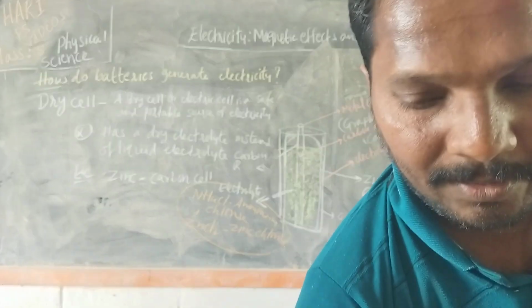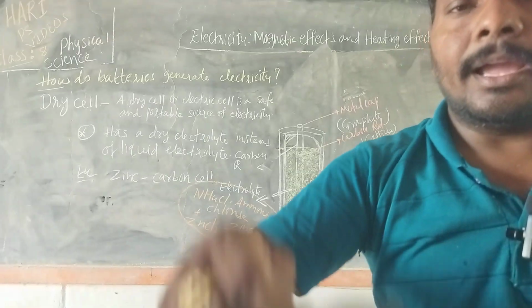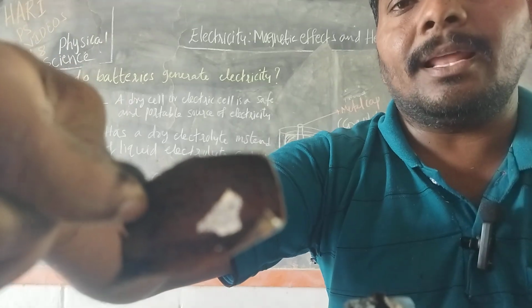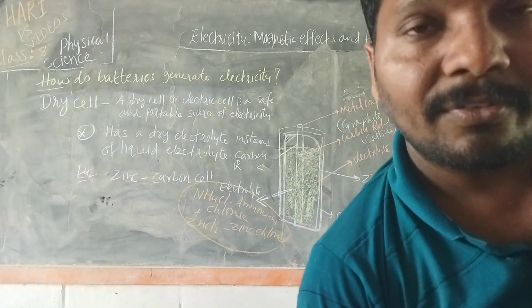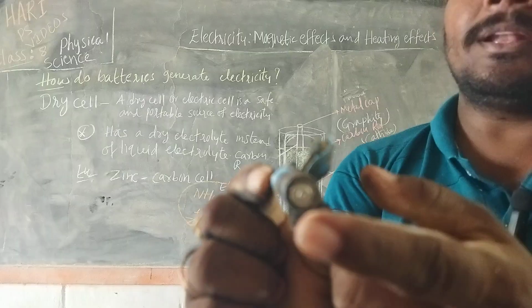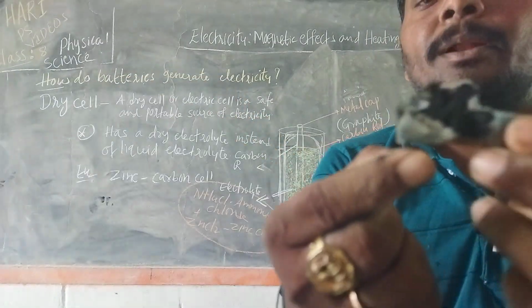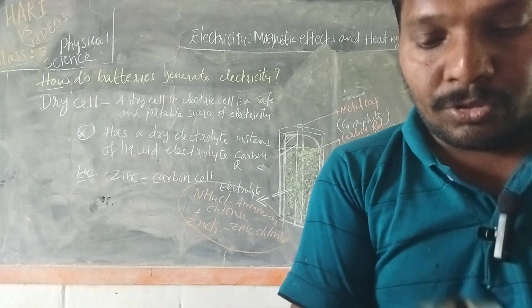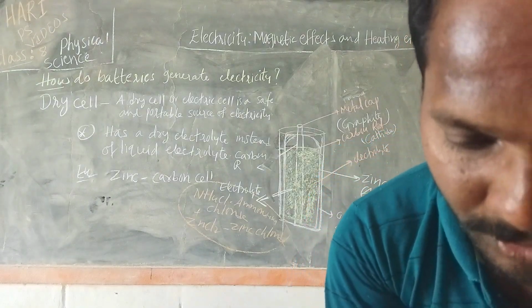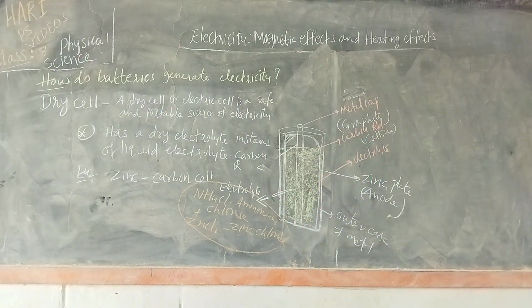These are all covered with a metal sheet. A metal sheet consists of two terminals, one is the positive terminal and the other is the negative terminal. So this is about the dry cell.